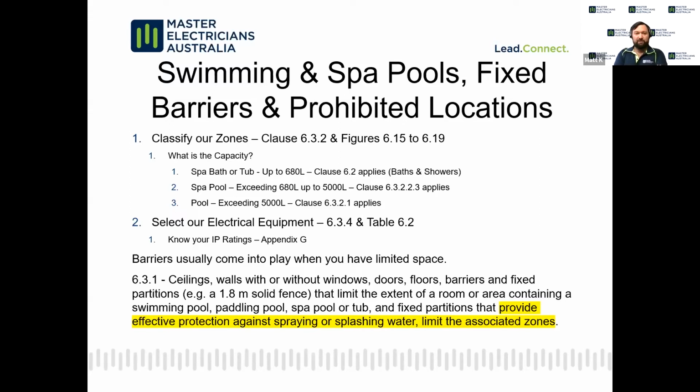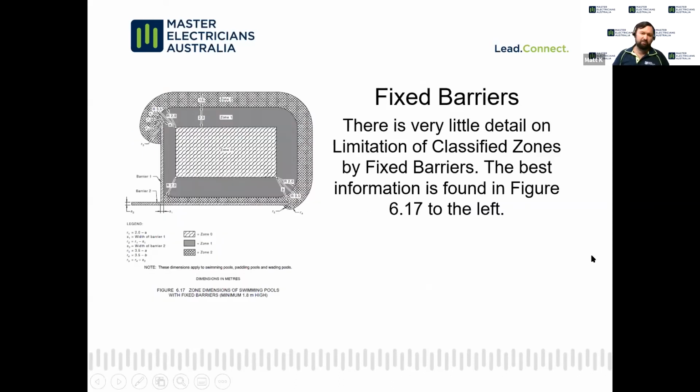Example, a 1.5 metre solid fence that limits the extent of a room or area containing a swimming pool, paddling pool, spa pool or tub, and fixed partitions that provide effective protection against spraying or splashing water, limit the associated zones. Okay, so this isn't covered very well in the wiring rules.